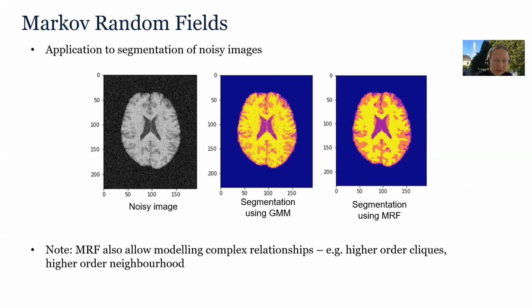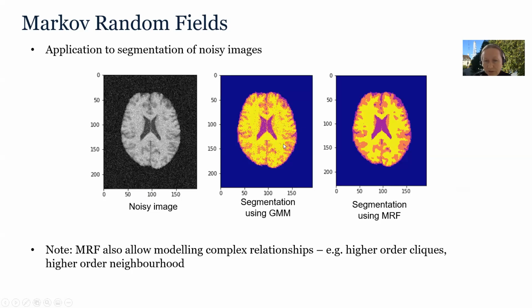And here is the result. Here we have the noisy image. This is the Gaussian mixture model with noisy segmentation. And after applying Markov random fields, we get a nice clean segmentation. However, it also comes with a downside. You can notice that some of the anatomical features were also deleted through this approach.